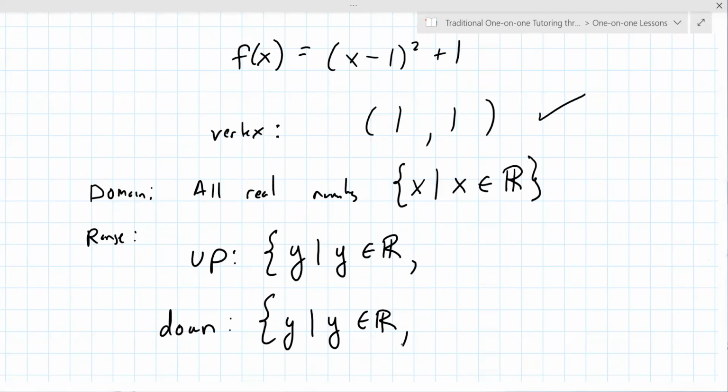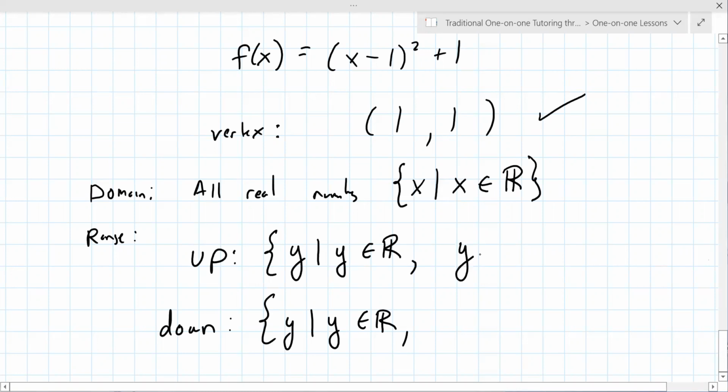So if it opens up, it's y greater than or equal to, and if it opens down, it's y less than or equal to. And the number that goes to the right of these is the y value of the vertex.